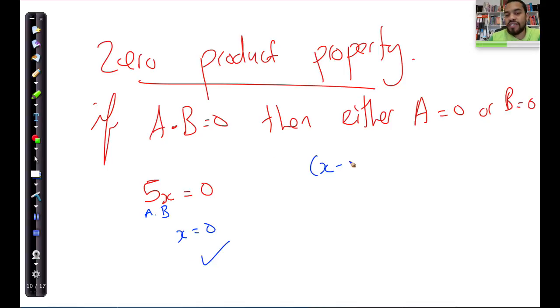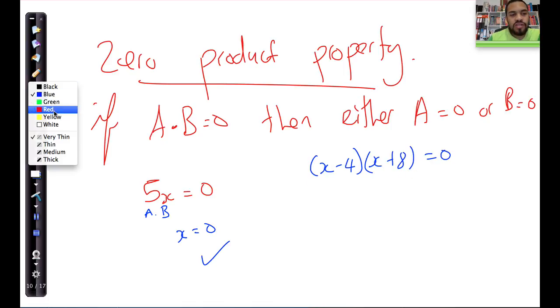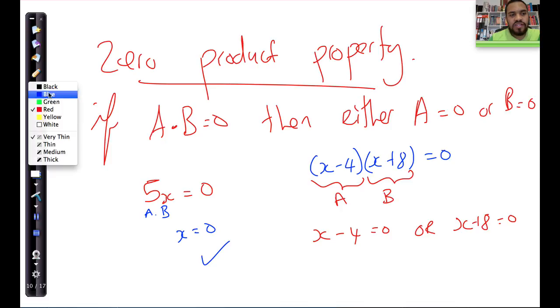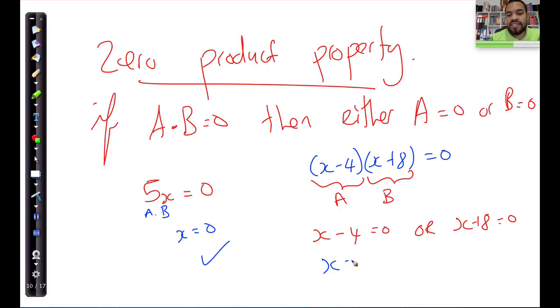Similarly, if I have x minus 4 into x plus 8 equals 0, that's my A, and that there is my B. So either A is equal to 0, which means x minus 4 must equal 0, or x plus 8 is equal to 0. And if you solve this, you can go a step further now. You can solve for the value of x that would make the equation equal to 0. And that will be x is equal to positive 4 by adding 4 to both sides, or x is equal to negative 8.